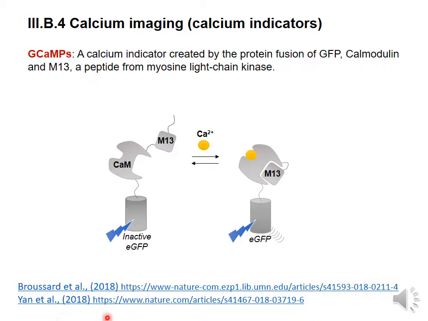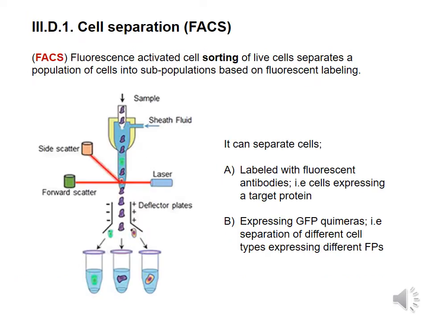Here there are two examples in which GCaMPs are used to measure calcium. And finally, there are fluorescent chimeras that can be used for cell separation using FACS. FACS is fluorescence activated cell sorting of live cells, which separates a population of cells into subpopulations based on fluorescent labeling.